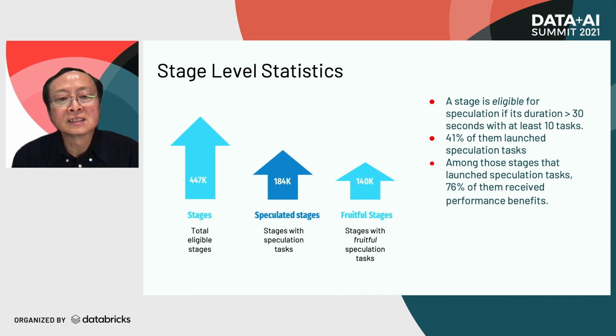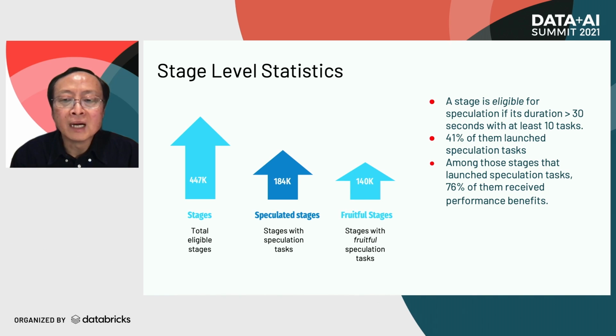Now, let's look at statistics at the stage level. So here, we only consider those stages that have duration greater than 30 seconds, and also at least 10 tasks in a stage. We call these eligible stages.